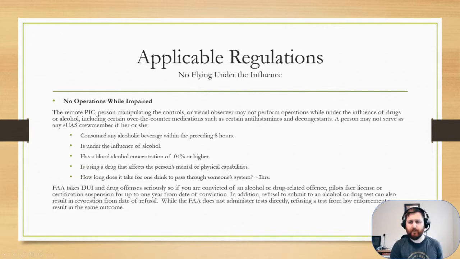Not only that, but any person that is a part of the sUAS crew of the flight operation cannot have consumed alcohol or drugs prior to the flight, or at least preceding.